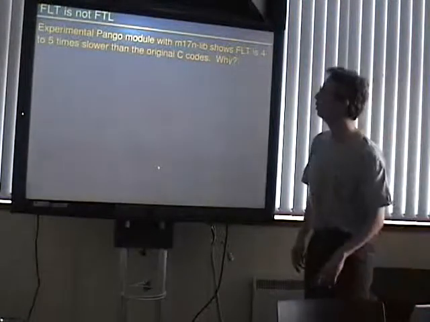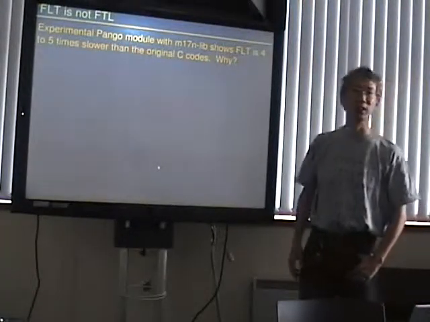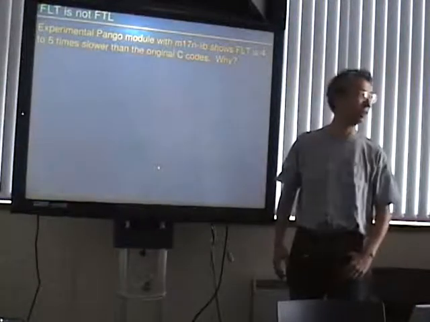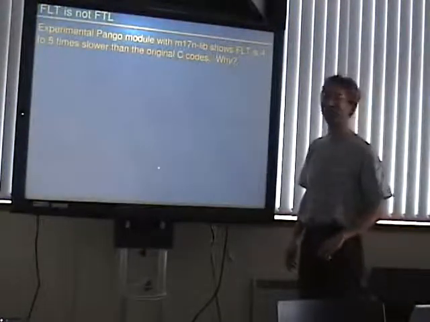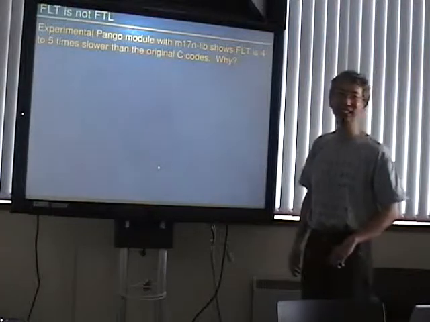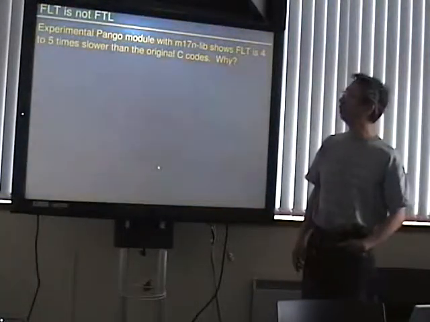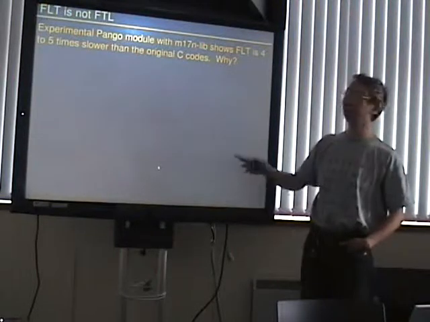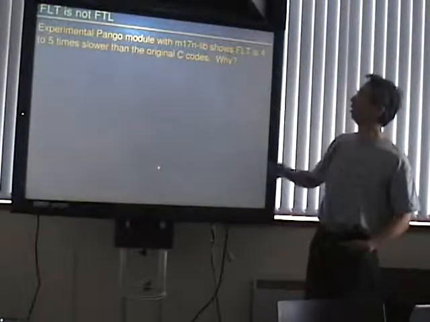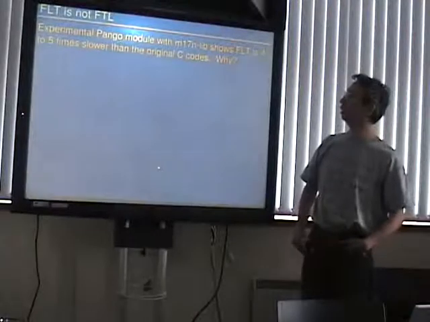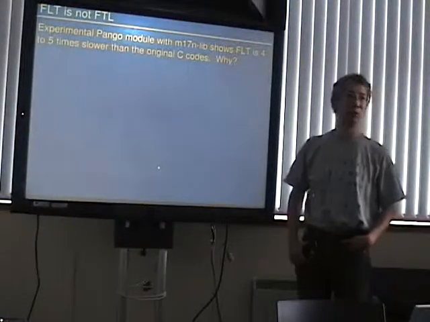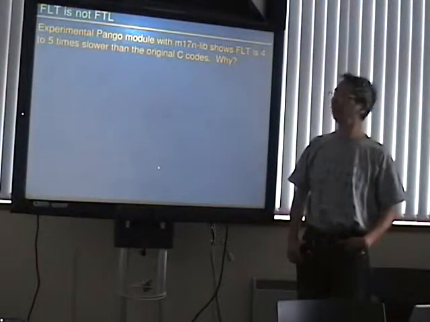The problem of FLT is it's not FTL. You know what FTL is? Faster than light. Science fiction. We made an experimental Pango module using the m17n library. It showed that FLT is 4 to 5 times slower than the original Pango C code.